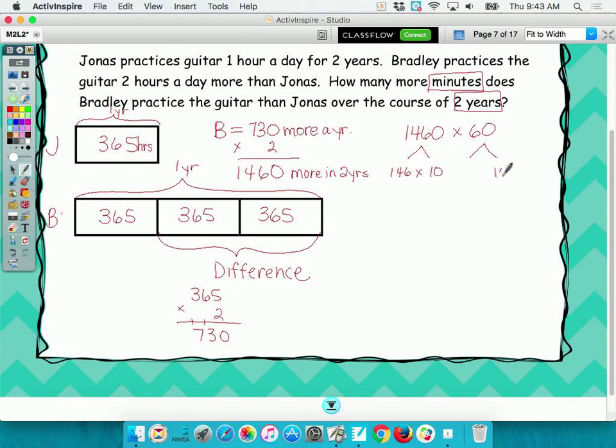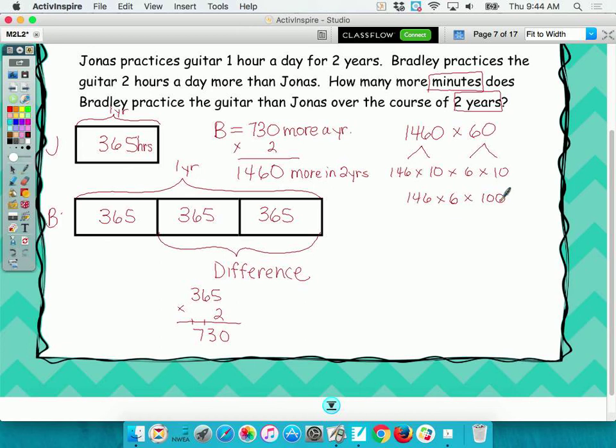If I factor out a 10 here, what does that leave me? 6. Rearranging this, I'm going to do 146 times 6 times what? Times 100.